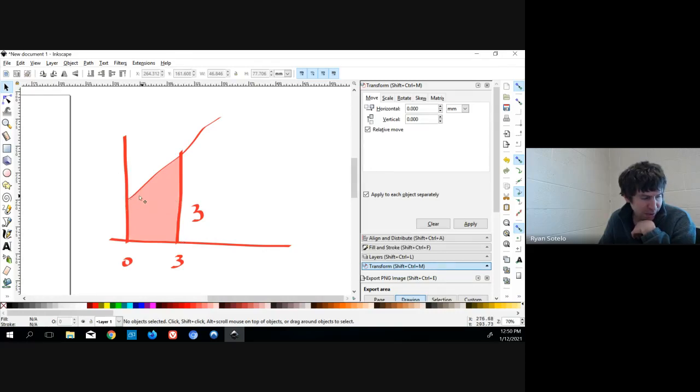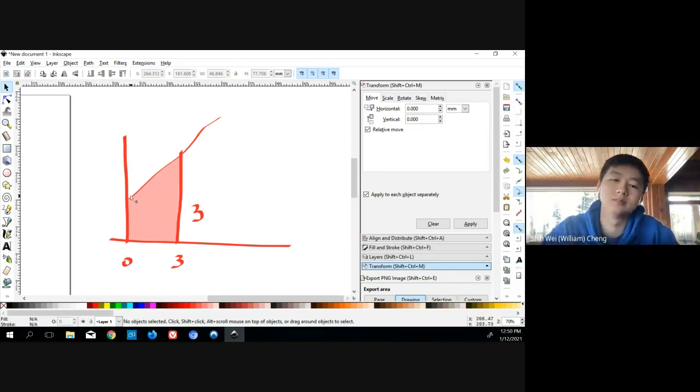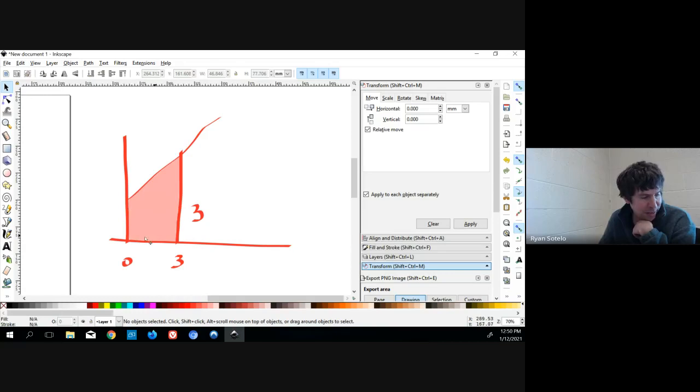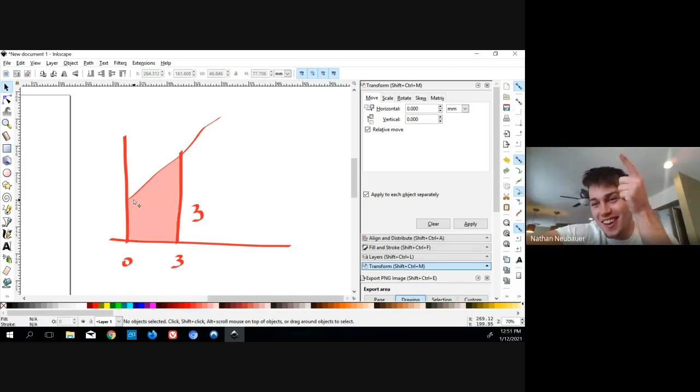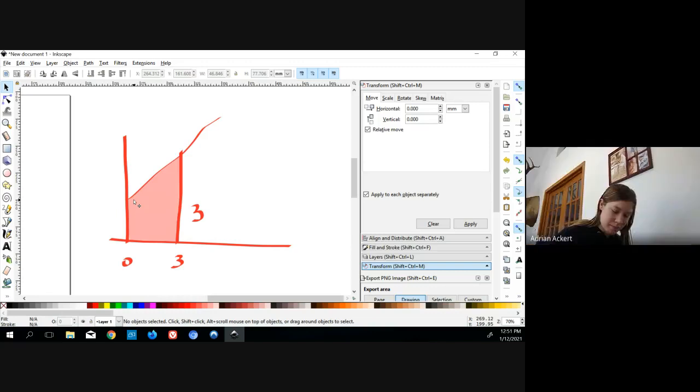Now we're going over 3, up 6. So 1/2 base times height for the triangle is 3 times 3. So that's 9. And then you still have that 9 below. But I did get 18. I don't know how I got 18, but I got 18. Are you guys good with this so far?